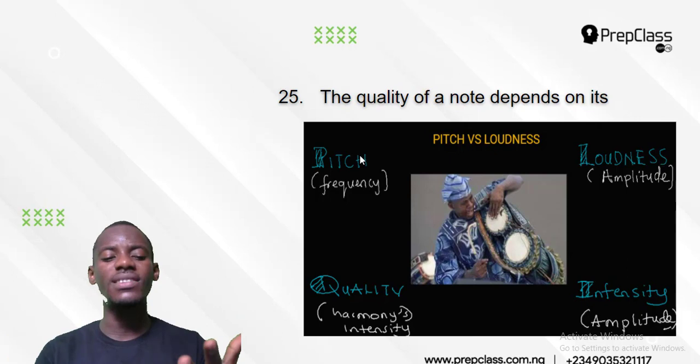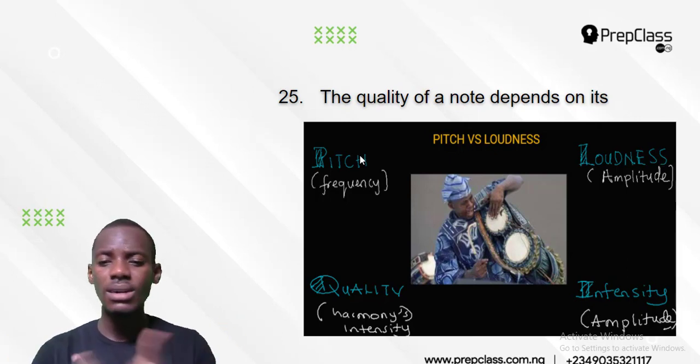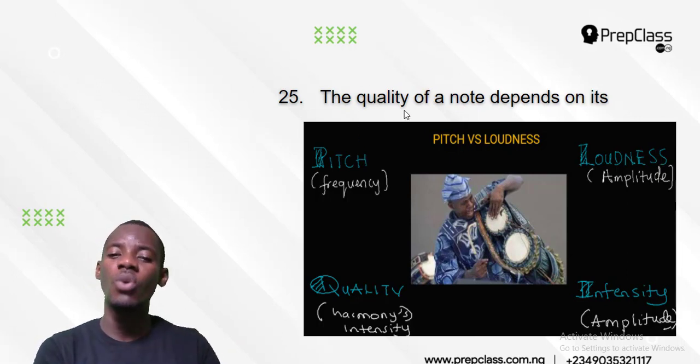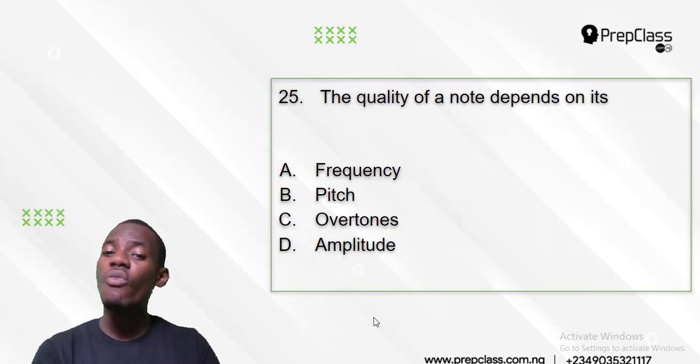If somebody is singing tenor, somebody alto, somebody soprano, and all the harmony comes together, it will bring in quality. So what affects the quality of a note is simply the harmony, or the overtone.